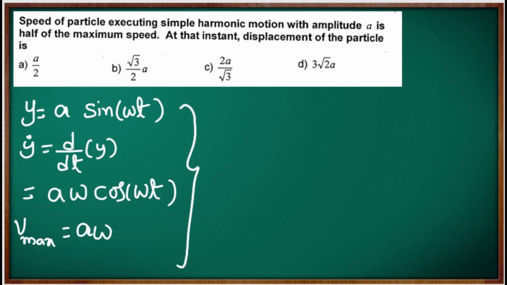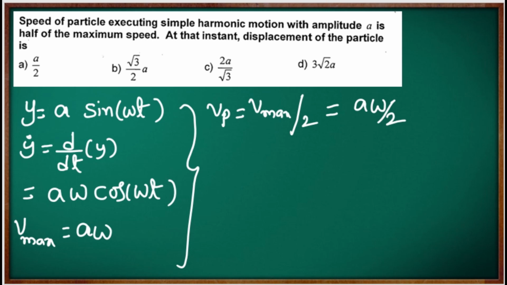In the problem, at one particular instant, the velocity of the particle is half of the maximum velocity. That is a omega by 2. We need to find what is the angle at that particular instant. In order to do that, let's substitute the particle velocity in the general equation.